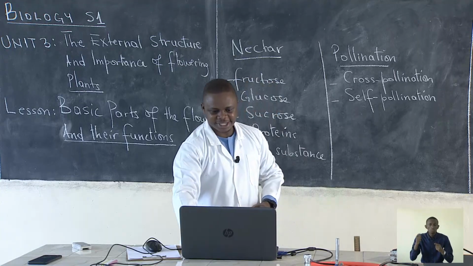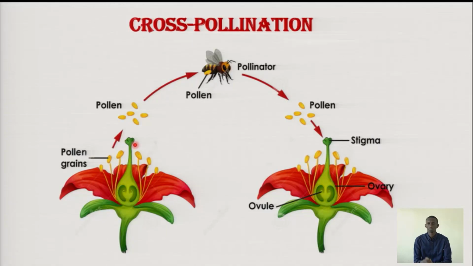Let us see on the diagram. This is our flower we talked about. This is another flower. You see they look the same, which means they are of the same species. And then with cross-pollination, these are the anthers, which produce pollen grains. And then the pollen grains, you see, they have been produced. And then they are going to be transferred by the bee.